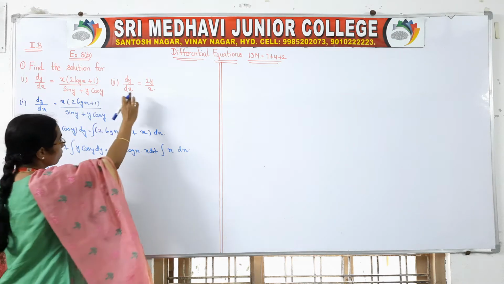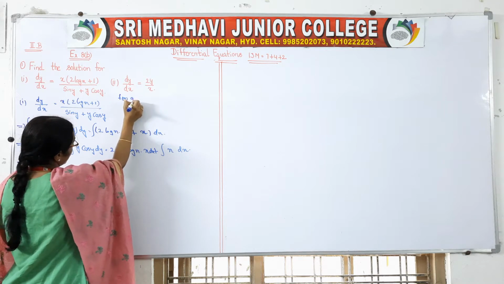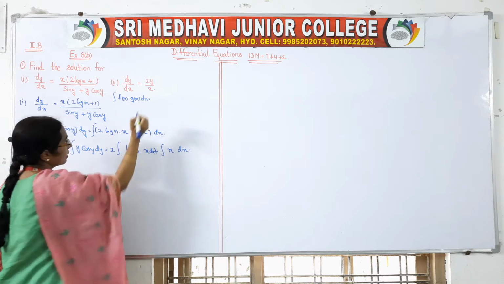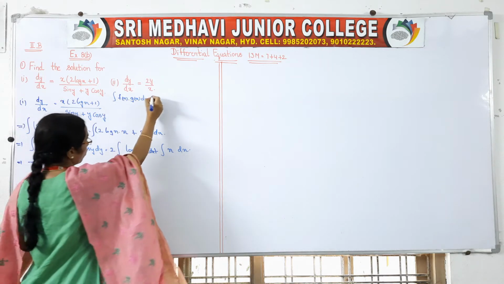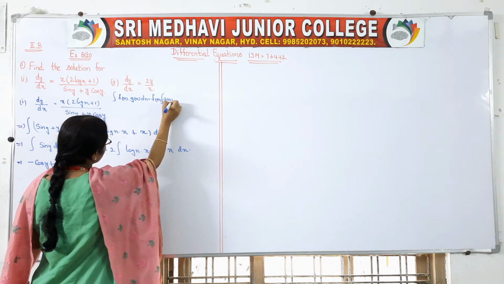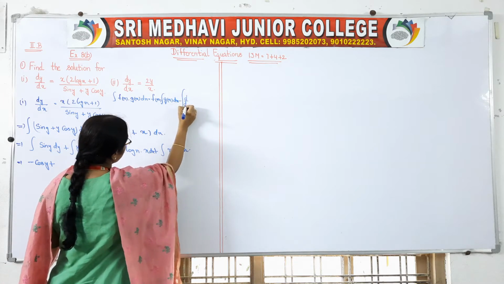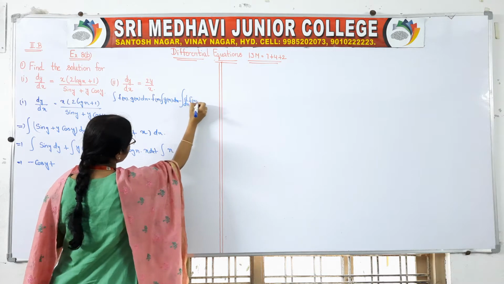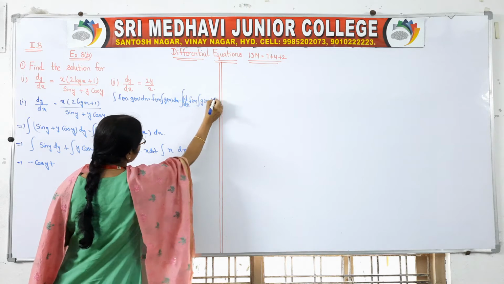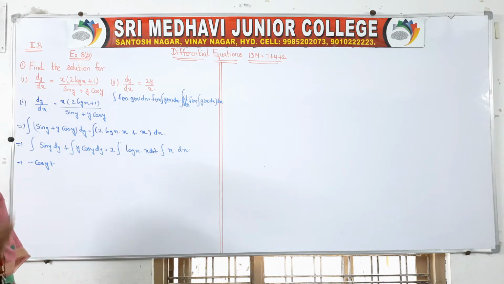So there is one formula if we are having two functions, f of x into g of x dx, then we have to apply the formula as f of x integral g of x dx minus integral d by dx of f of x integral g of x dx whole dx. This is the formula when product form is there in integrals.